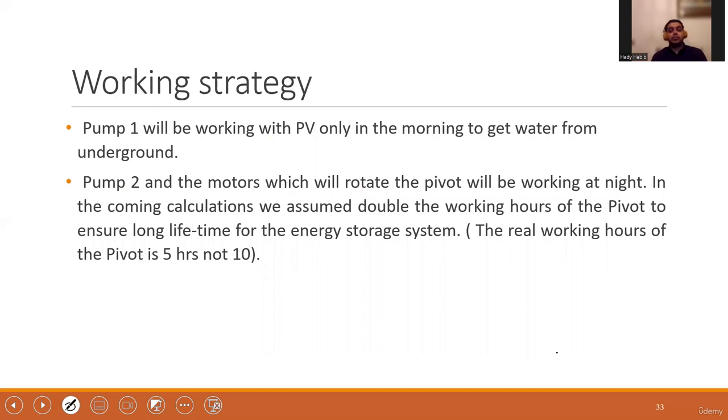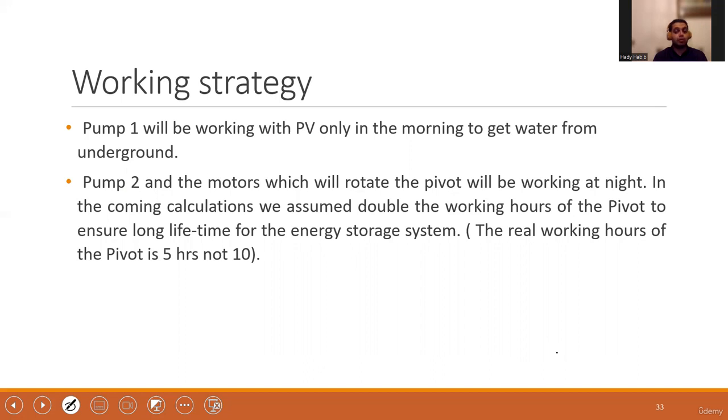In order to reduce the battery that we needed, we have a working strategy, let me say a smart working strategy a little bit. We don't get the water from the underground at night. We get it in the morning, depending on the PV only. So pump 1 is going to work in the morning, depending on the PV only, to get the water from the underground.